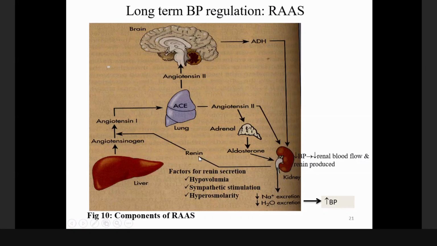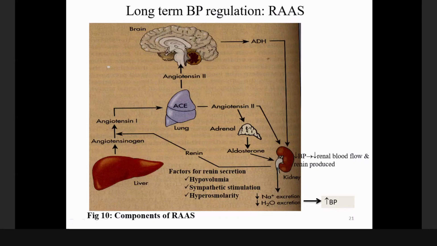Then the liver produces angiotensinogen, a protein made in your liver. Then that angiotensinogen is converted into angiotensin 1 by renin from your kidney. Then angiotensin 1 is converted into angiotensin 2 by angiotensin converting enzyme, ACE.